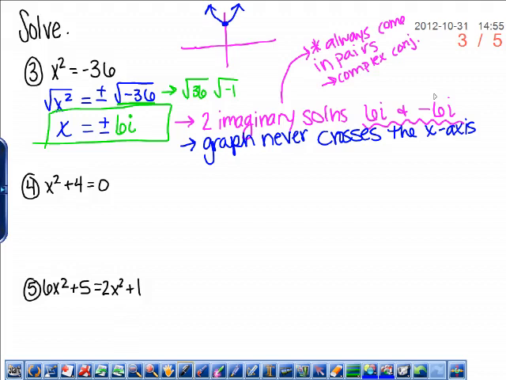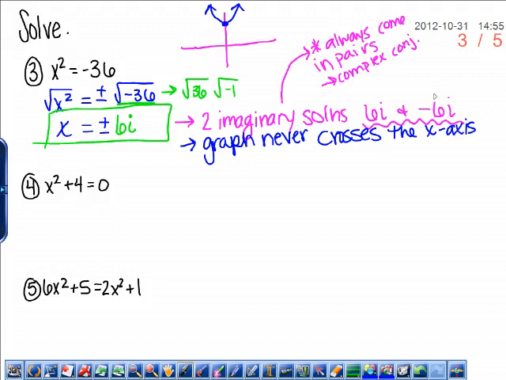It does work if you allow imaginary numbers. No, there are no real solutions to this. There is no real point 6i and negative 6i. Yeah, that's the graph. This is still a real parabola with real graphs and real points.